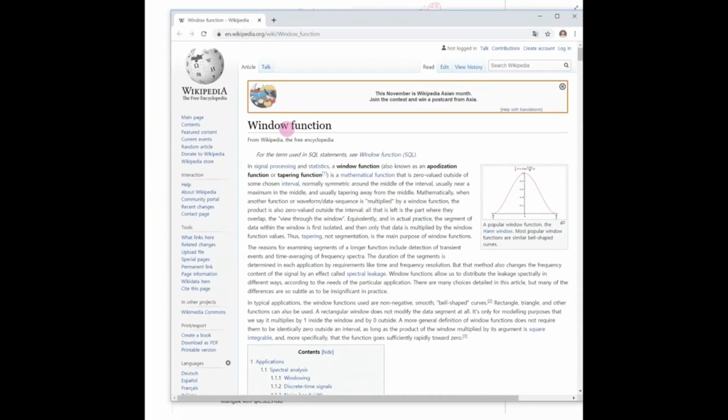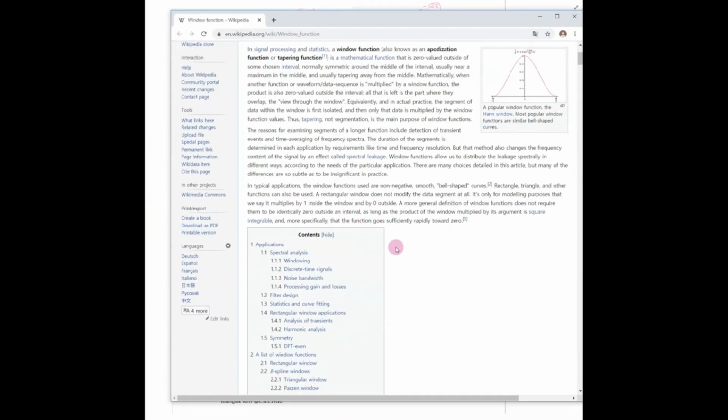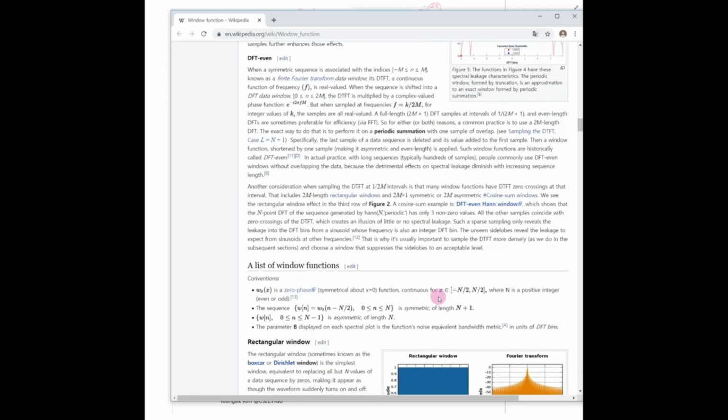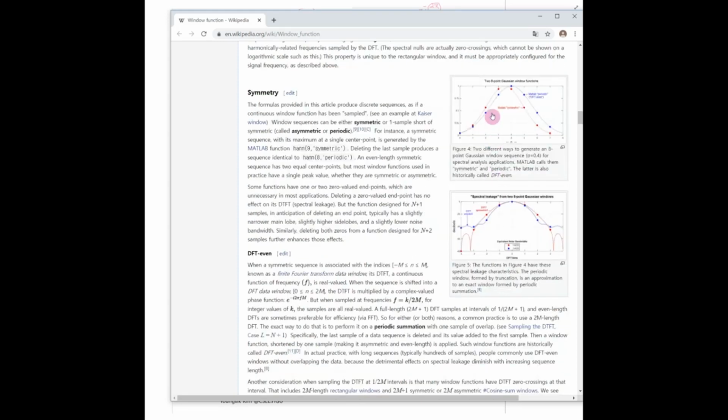Here shows the window functions. We have a lot of window functions here. The name is window function, or sometimes we call it the apodization function. Later I would like to explain this, but the basic idea is tapering out at the periodic boundary with some kind of function.